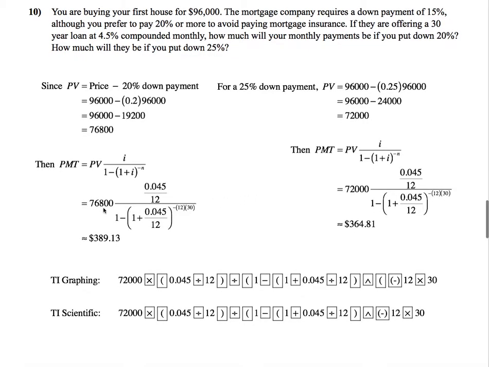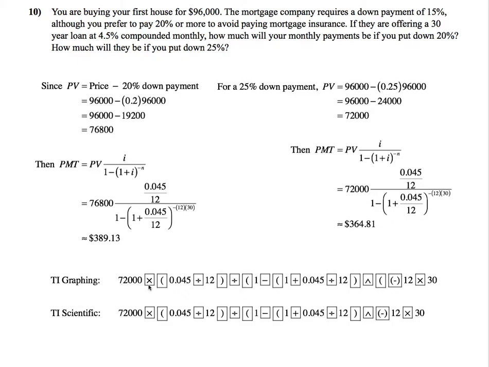Anyway, here are the keystrokes, and I'm making these calculations for 72,000. The only difference between these calculations and these is that this first figure would be 76,800 instead of 72,000.